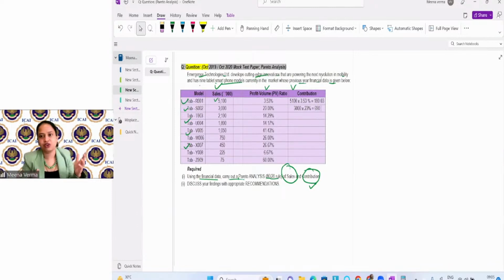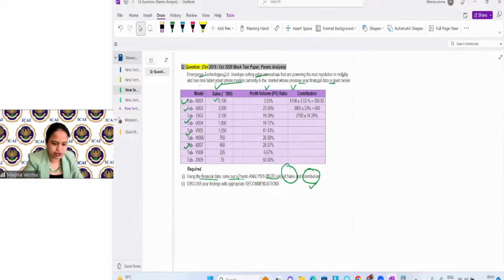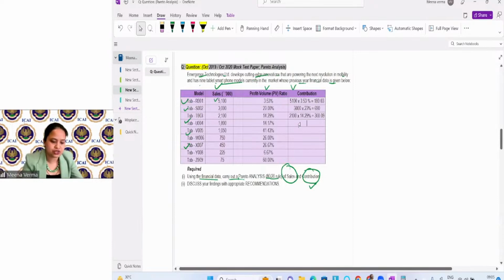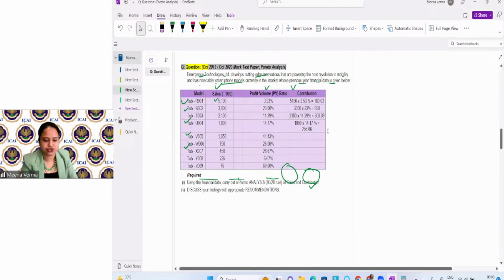Multiply them, you will get the contribution. Then what we have, 2,100 into 14.29%, you will get the contribution. Then the next value, 1,800 into 14.17 percentage, you will get the contribution, right?